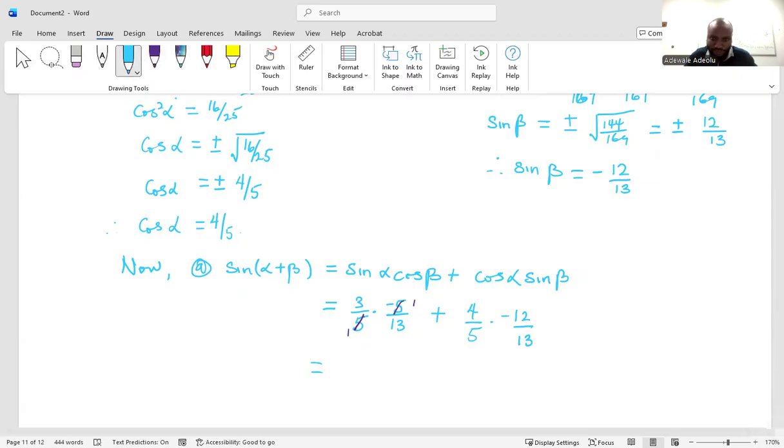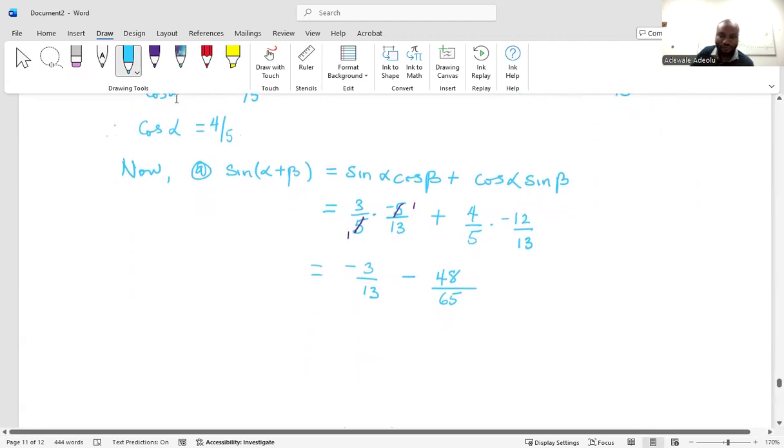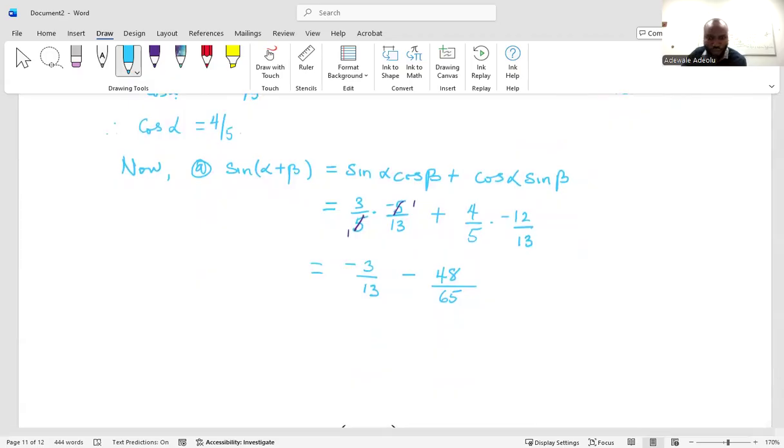So we do have negative 3 over 13. Plus times minus, minus. So that is 48 minus 48 over 65. Okay, so I want this to have the same base, I can multiply this by 5.